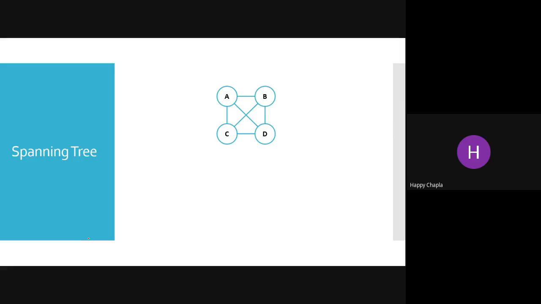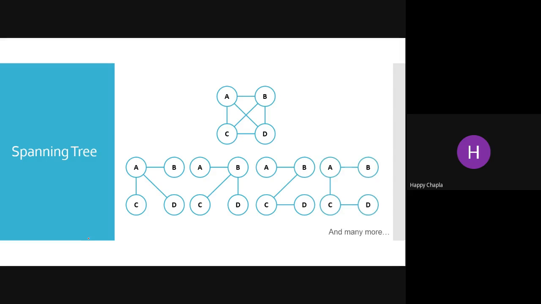Now we have one graph. Okay, now we need to take care that there should not be any cycle. We must visit every node which is connected with each other. Right here we have a cycle, so we cannot say that this is my spanning tree.